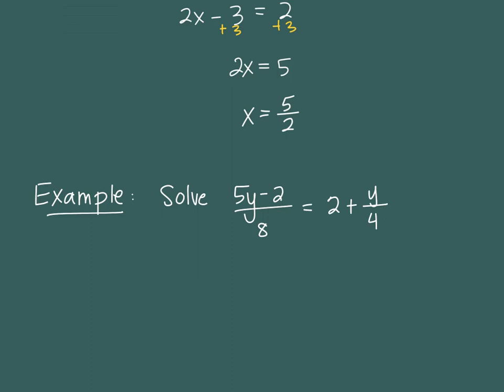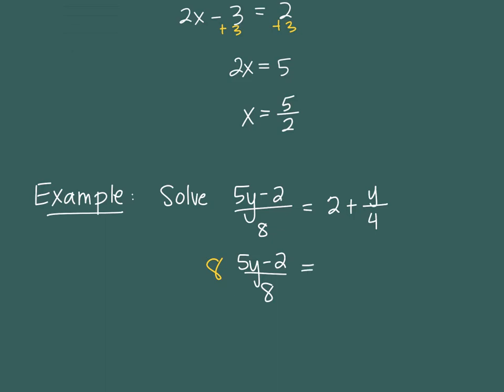We go with the least common denominator, which even though the word least is in it, is the greater of the two, which happens to be the number 8. And we're going to multiply this problem by the number 8, and that will clear out the fractions for us. So we're going to take (5y - 2)/8 and multiply that by 8. What happens when I do that?